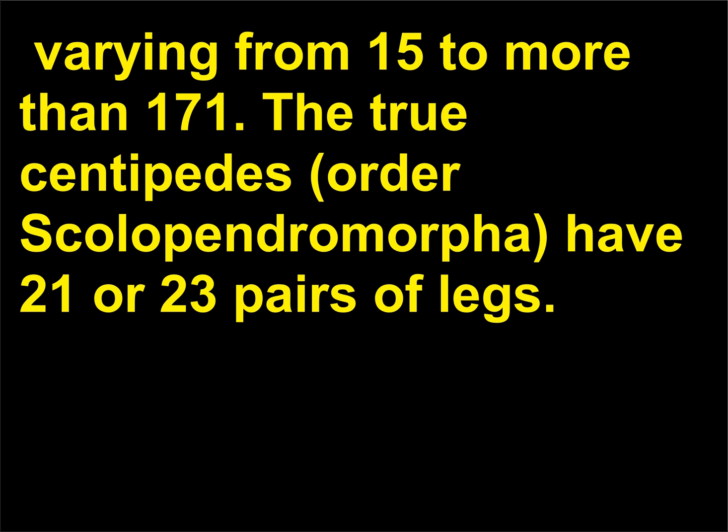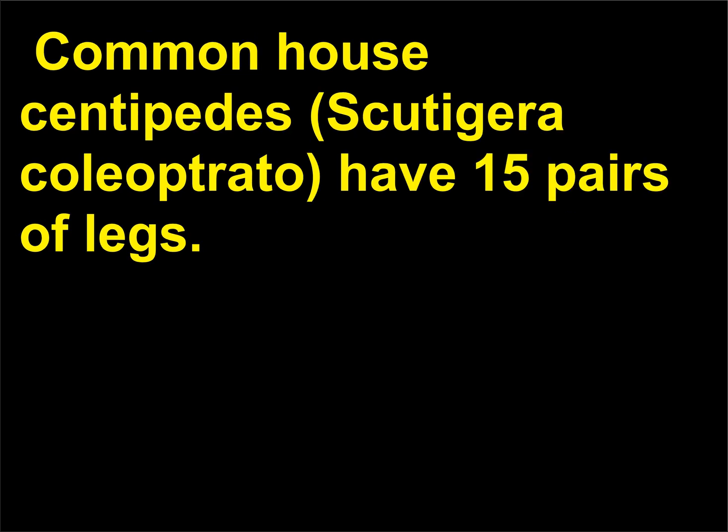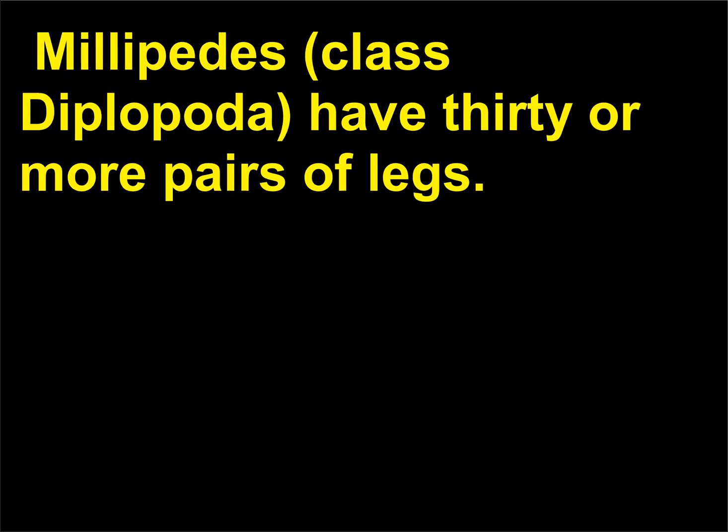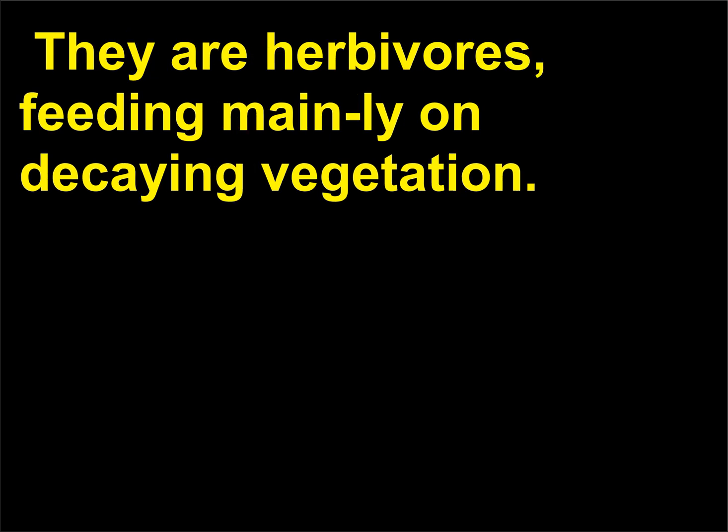The true centipedes, order Scolopendromorpha, have 21 or 23 pairs of legs. Common house centipedes, Scutigera coleoptrata, have 15 pairs of legs. Centipedes are all carnivorous and feed mainly on insects. Millipedes, class Diplopoda, have 30 or more pairs of legs. They are herbivores, feeding mainly on decaying vegetation.